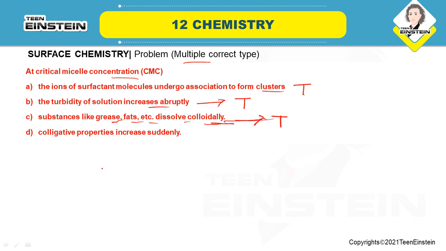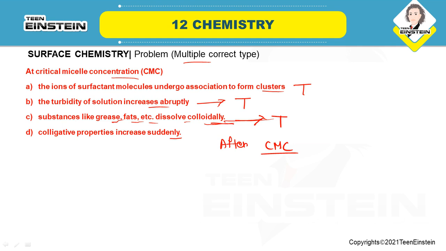Last statement: colligative properties increase suddenly. Now this is not true, because at or after CMC the number of particles is reduced, since individual particles are associating with each other and forming clusters. Number of particles reduced means colligative property will also decrease.